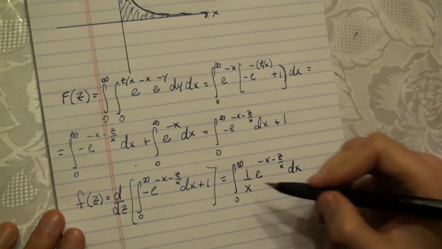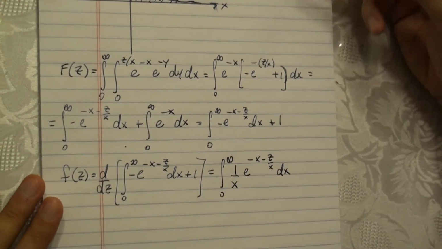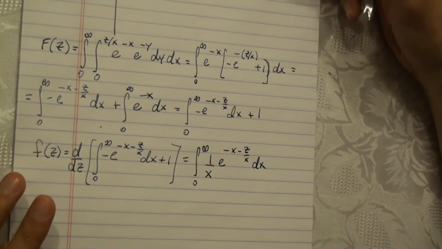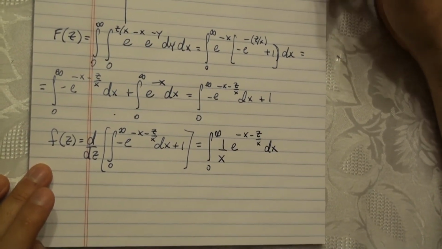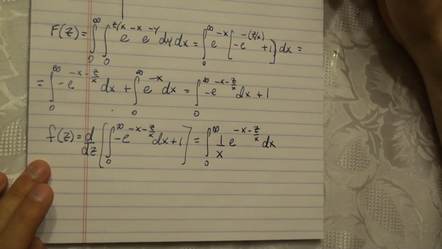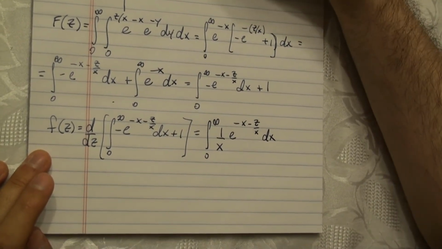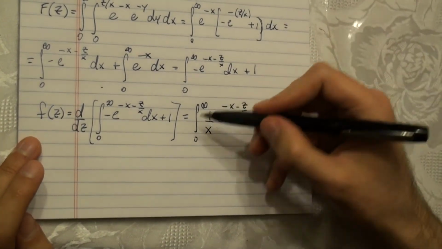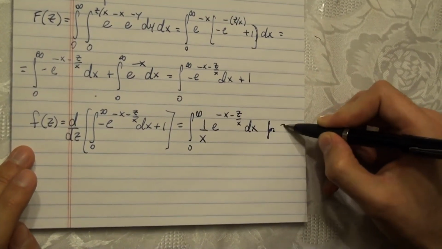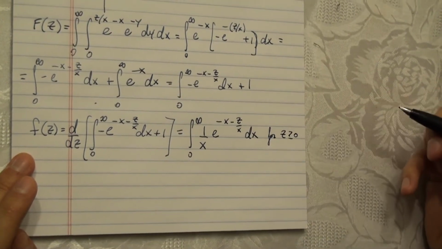Now, before I circle this answer, I want to remind everyone that x is greater than or equal to 0 and y is greater than or equal to 0. Therefore, z random variable must also be greater than or equal to 0. So this holds for z greater than or equal to 0.